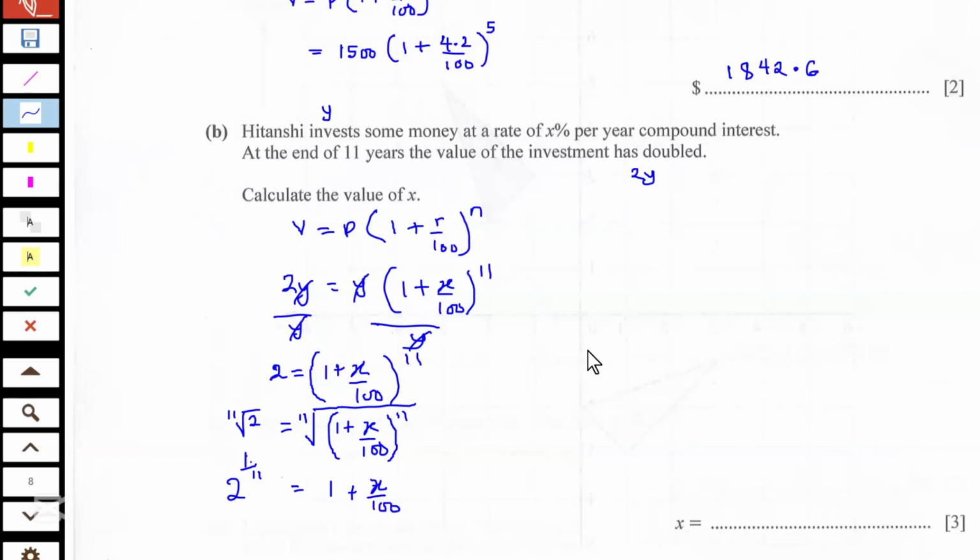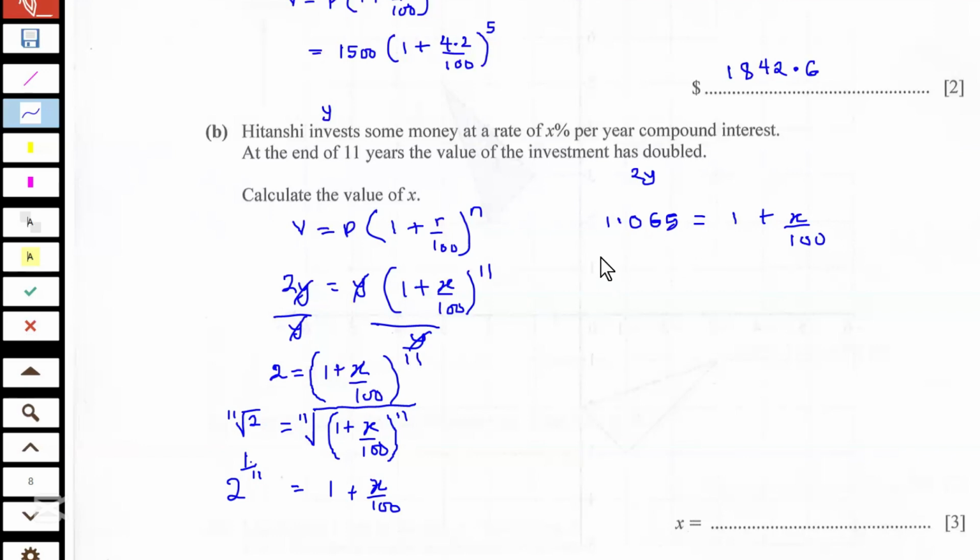Of course, using your calculator, you can find the 11th root of 2, and that gives us 1.065 equal to 1 plus X, which is the rate, X over 100. Now, to find the value of X, we can subtract 1 from both sides.